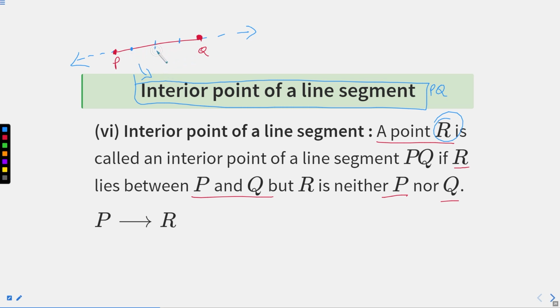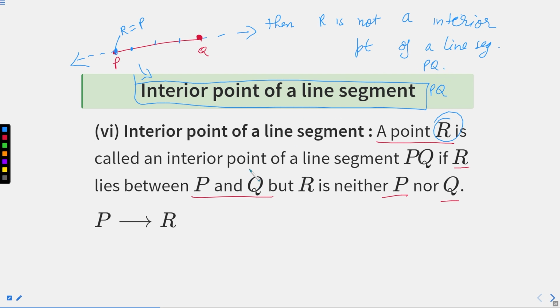What if R is here? What if R is here? R and P are both equal. If this happens, then R is not an interior point of the line segment PQ.